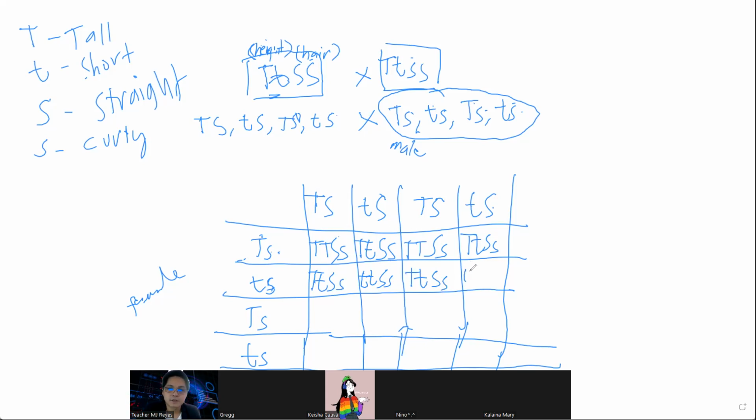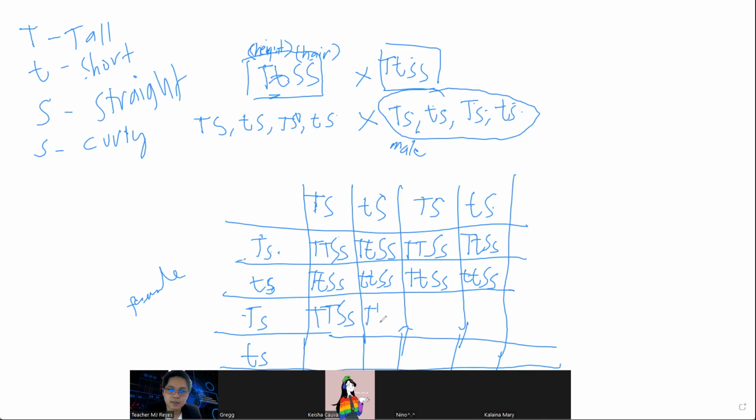Short with heterozygous curly. Next is homozygous tall. Look at this one. It's all capital letter T and one capital letter S to a small s. So this is homozygous tall to heterozygous straight.